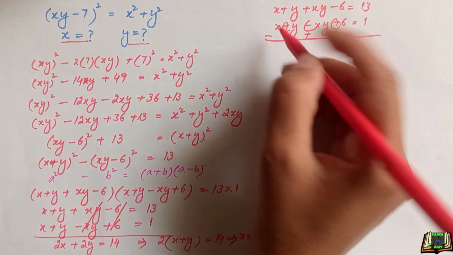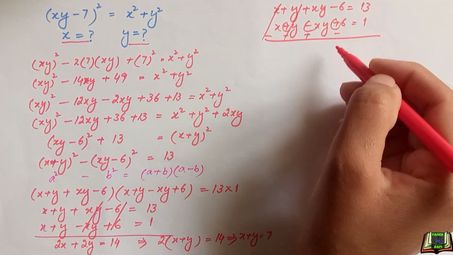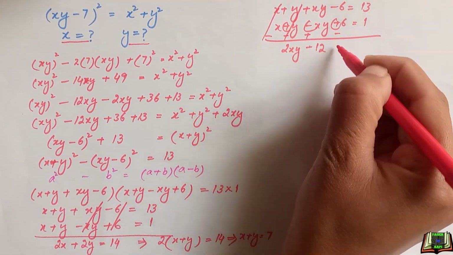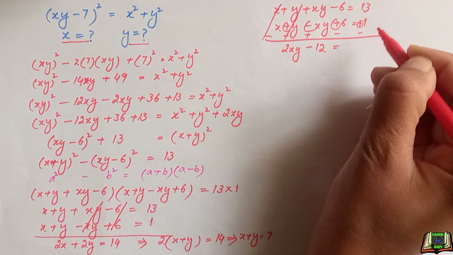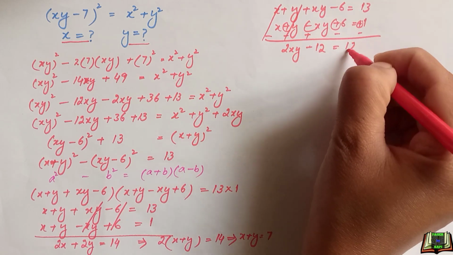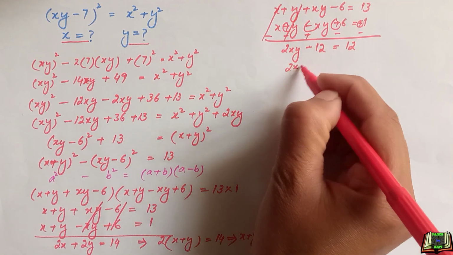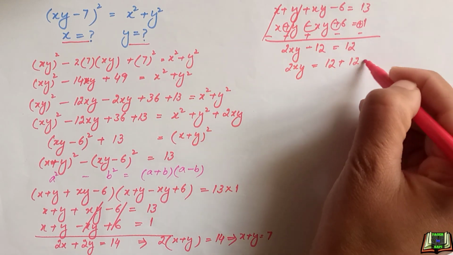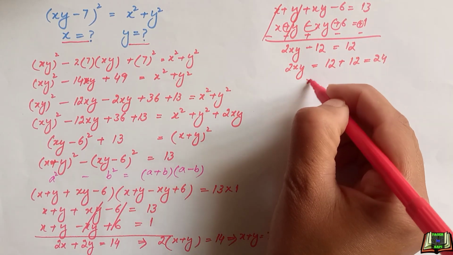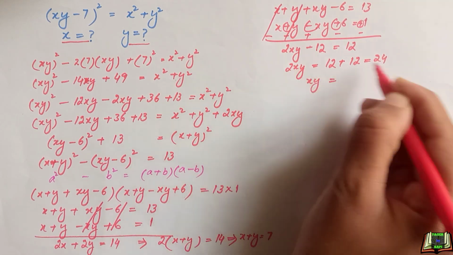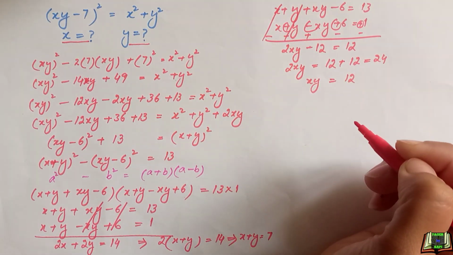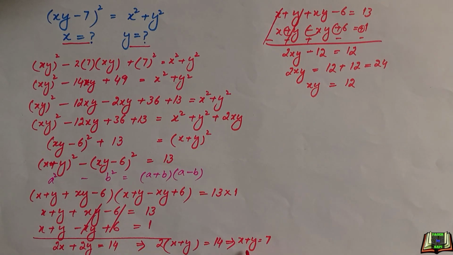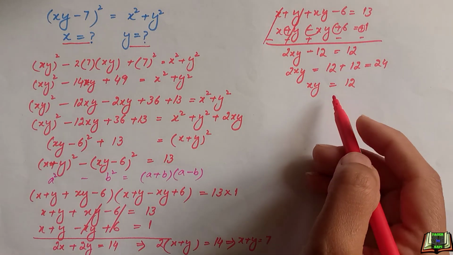Here x and y will cancel out, and we are left with 2xy − 12, and 13 − 1 is equal to 12. So 2xy − 12 = 12, and we will take this 12 to the right-hand side. It will become positive. 12 + 12 is 24. After dividing both sides by 2, we have xy equal to 12. We got x + y equal to 7, and xy equal to 12.